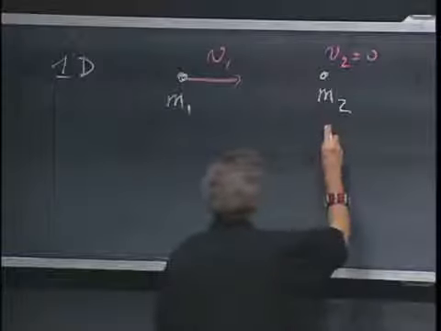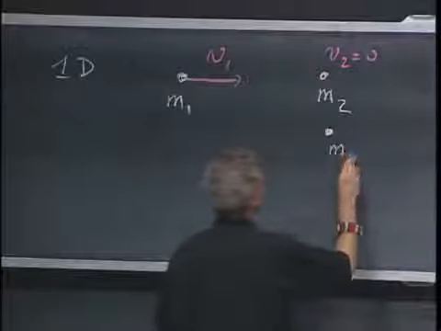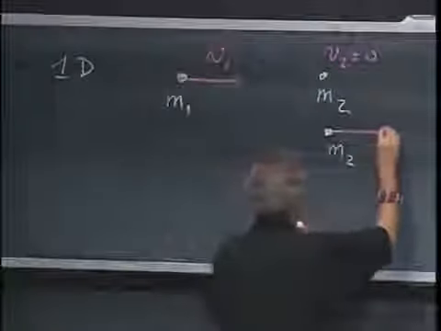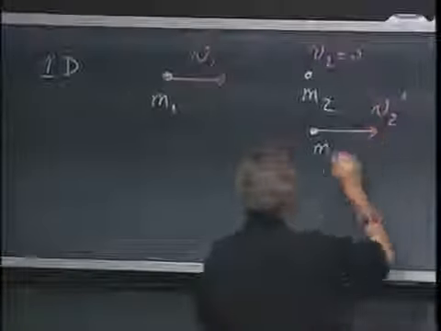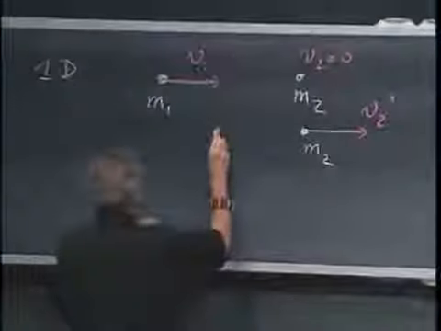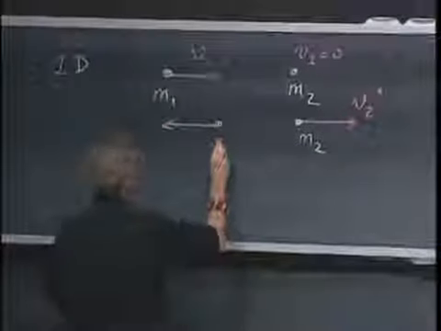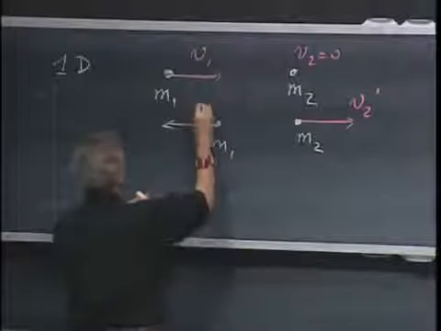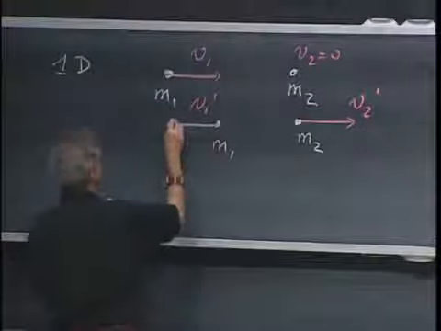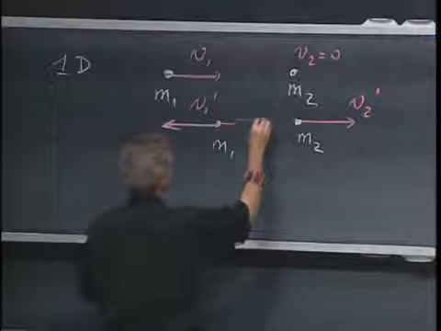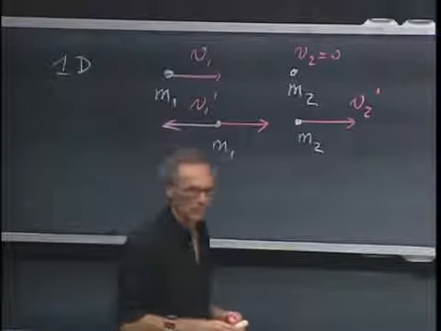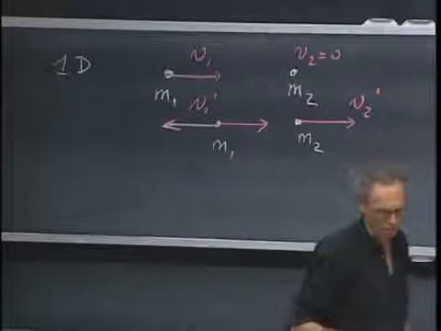After the collision, M2 has a velocity v2 prime, and M1, let it have a velocity v1 prime. I don't even know whether it's in this direction or whether it is in that direction. You will see that either one is possible.